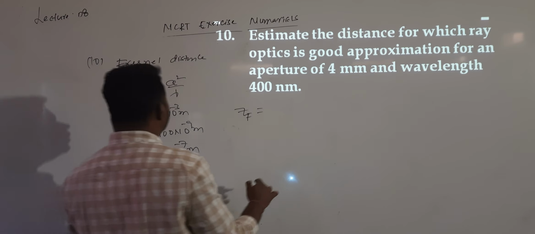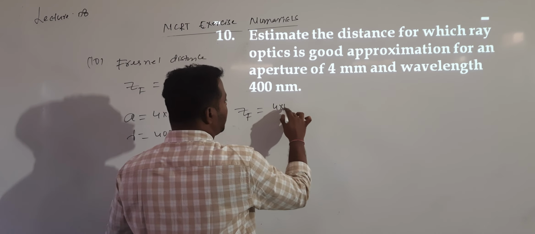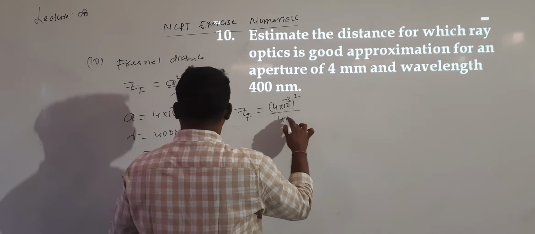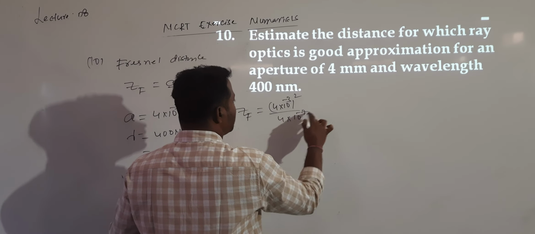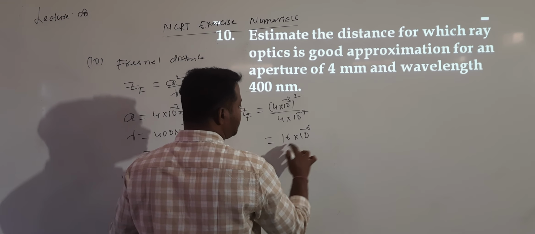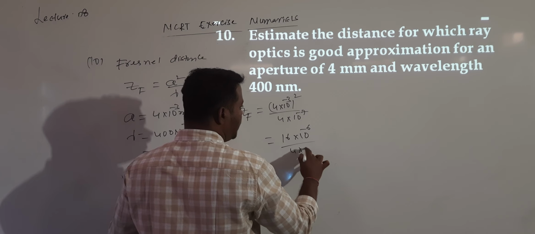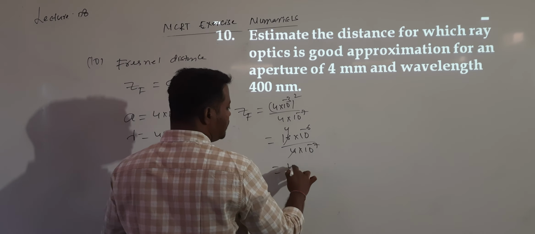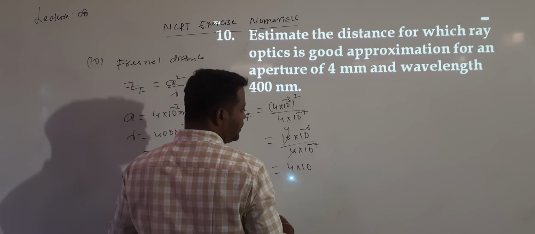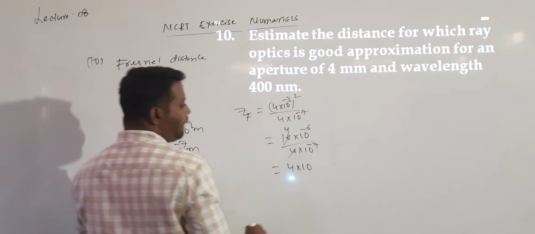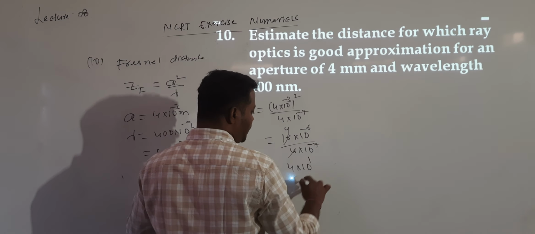So A square value, that is 4 into 10 power minus 3 whole square, by lambda value 4 into 10 power minus 7. Which is 16 into 10 power minus 6 divided by 4 into 10 power minus 7. 4 ones are 4, fours are 4 into, this is 10 power minus 6. So 10 power, how much will I get? 10 power of plus 1.